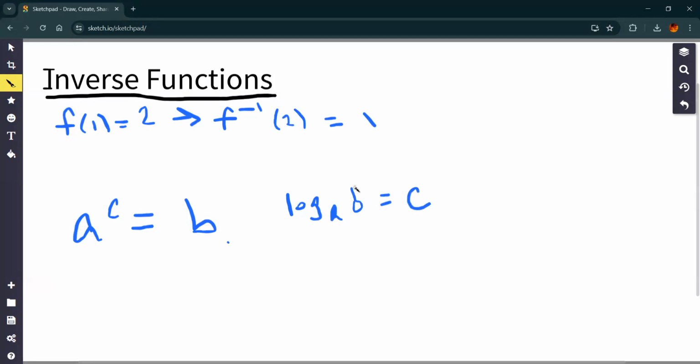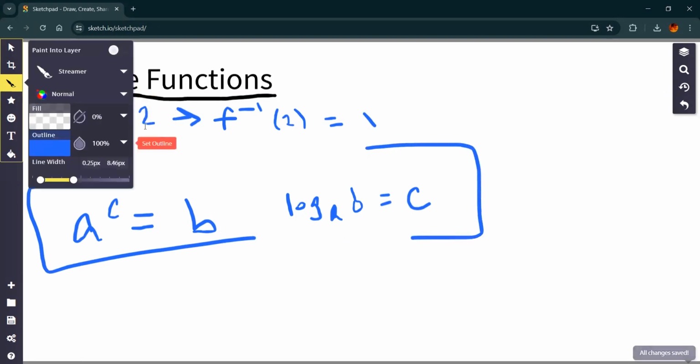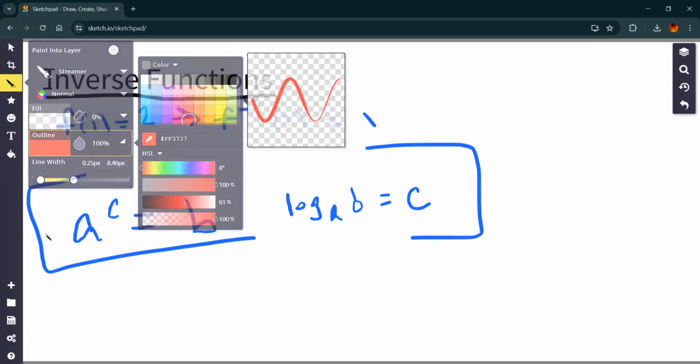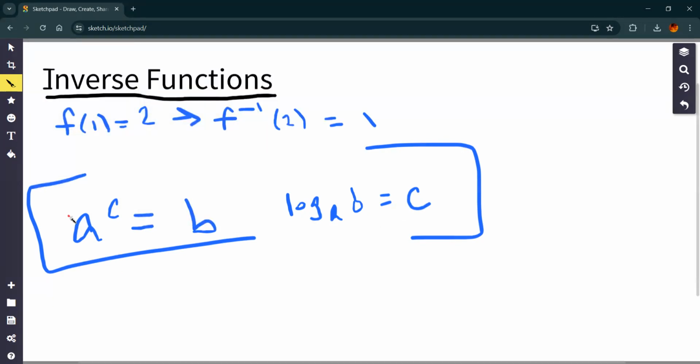I have videos on this, but this is a really good, easy way to switch between them. I always remember a to the c equals b, and then ABC just goes along there. That's all you have to do.